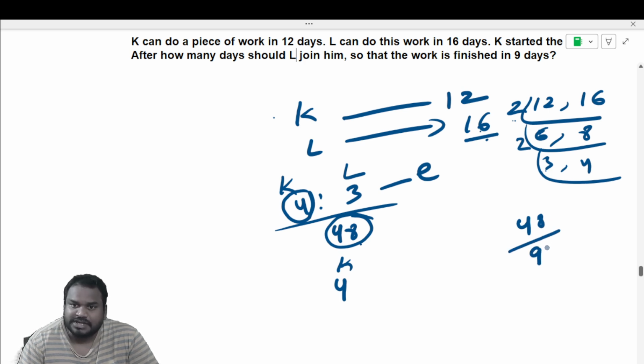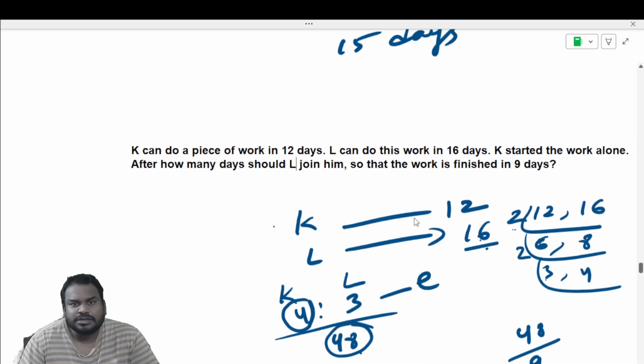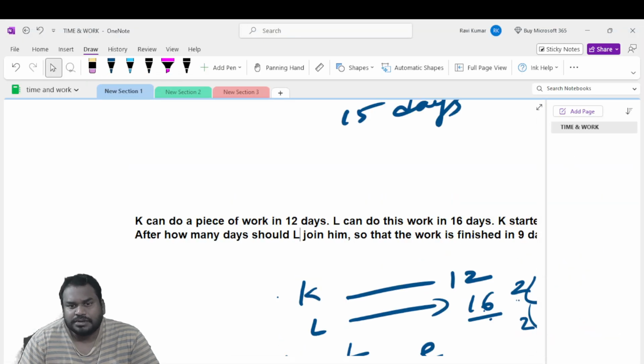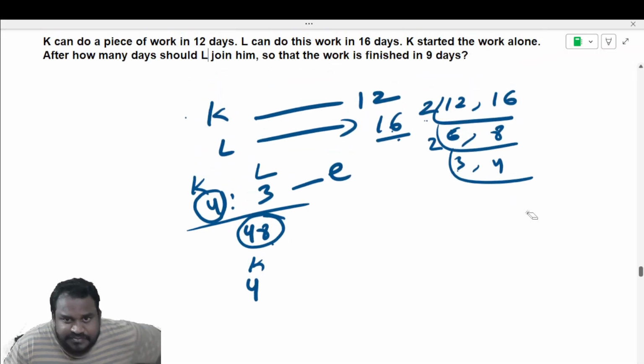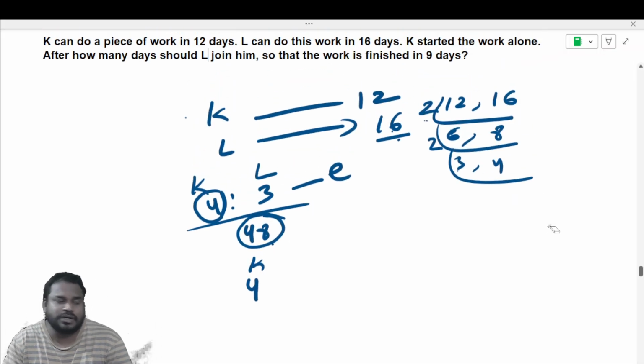Let's check whether it is satisfying or not. After how many days should L join him? K's efficiency we got as 4.